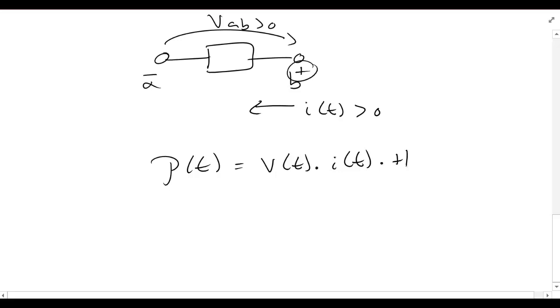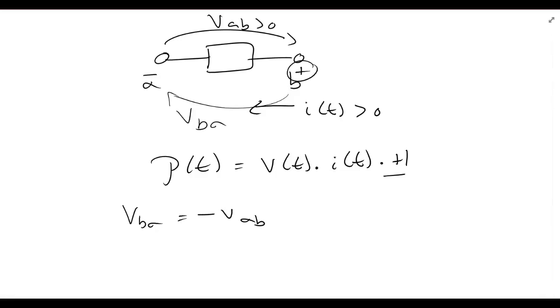Now which voltage? If you recall, there was also a VBA this way. However, we're using a convention that allows us to ignore VBA. Why? Because of this sign variable. So if you remember, VBA is negative VAB, but we'd like to start working only with positive numbers. That's something I said in the last video.